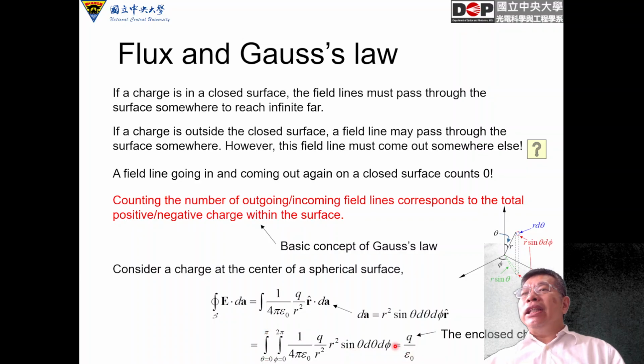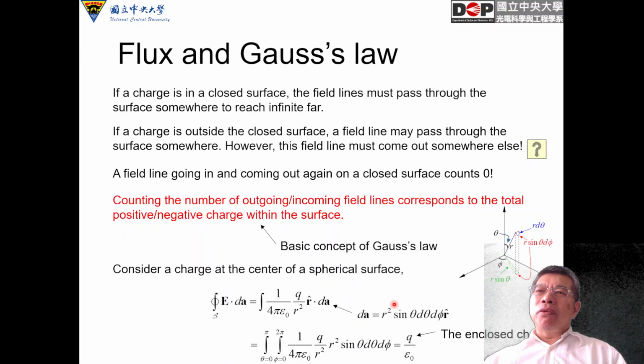And eventually we figure out this entire thing equals the charge divided by the electric permittivity, what we mentioned earlier. So this is the enclosed charge. This is just a simple conceptual proof that it works for a point charge at the origin. Of course, it can be proven that regardless of whether your shape is spherical or not, regardless of where the charge is located, this will hold.